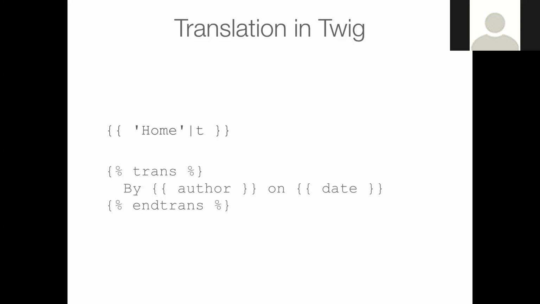So the text by, author, on date will become translatable. And those variables will just be displayed as tokens in the translatable string. So we don't have to worry about using the T function or creating an array in our template files. It's really easy to make a translatable string.